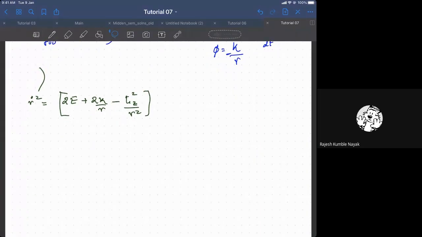This is an r equation. You can actually do a second derivative of this, or rather you can do r dot r double dot, which would give you half into r dot square d by dt, something like that, and then divide by r dot and play all the tricks.